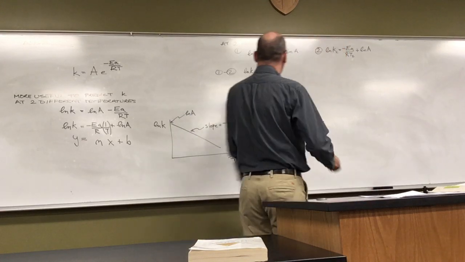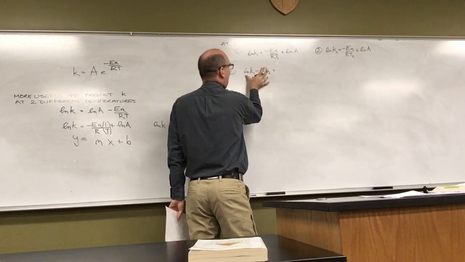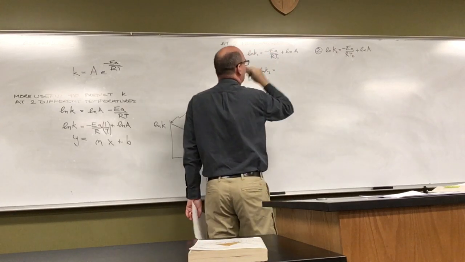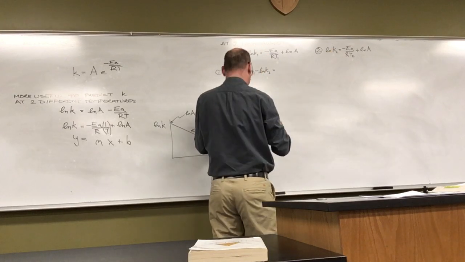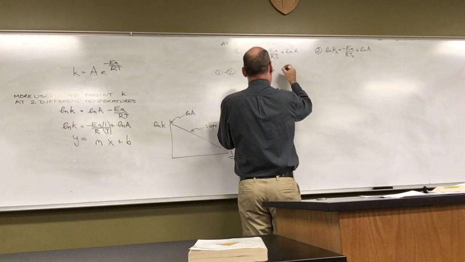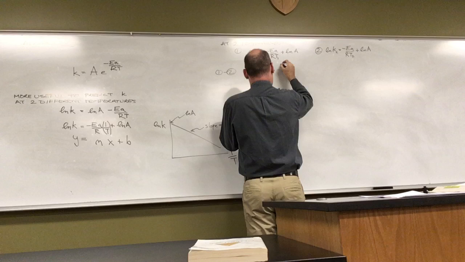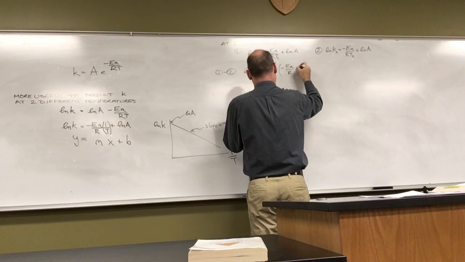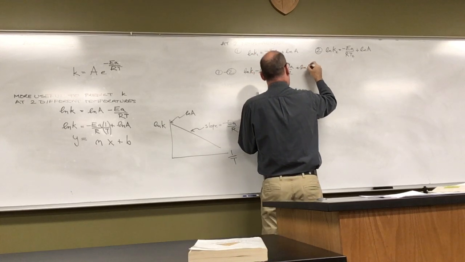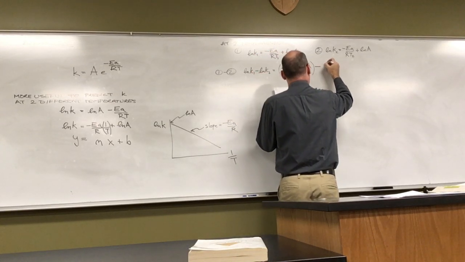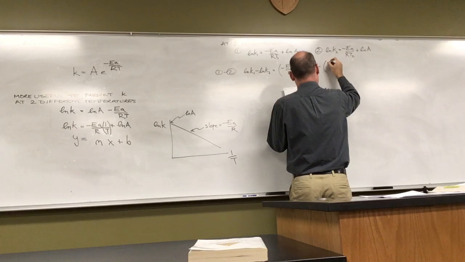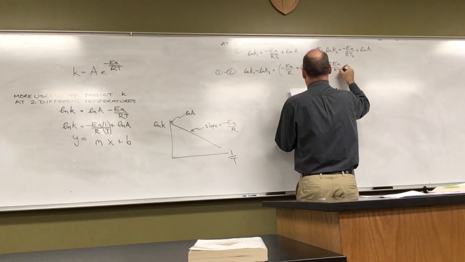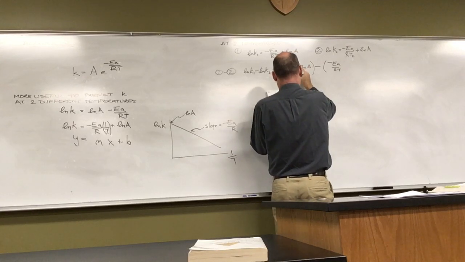Okay, so now, well, that part's easy, because it's just this minus that. This is a bit uglier. So I got the first term right here, plus ln A minus EA over R. Oh, I forgot the T's.